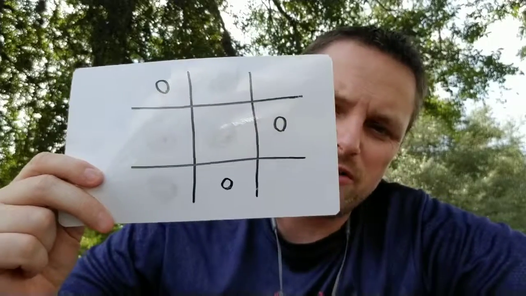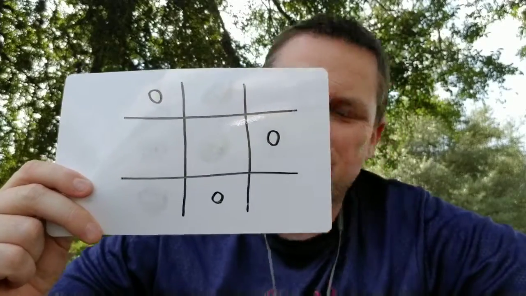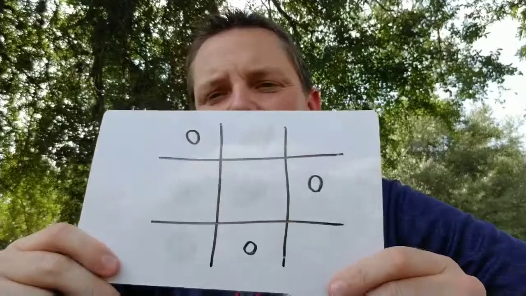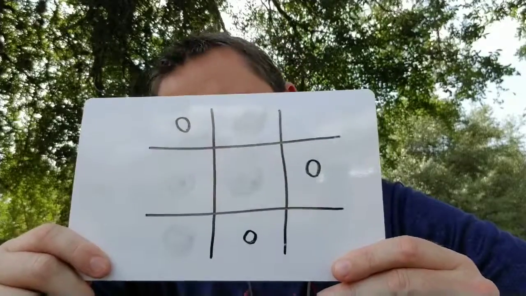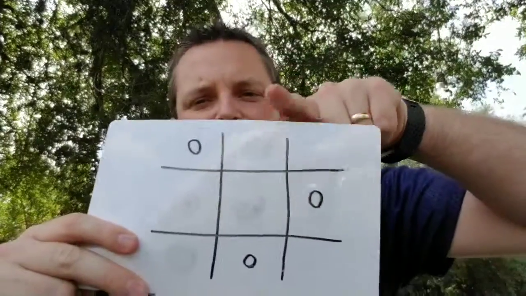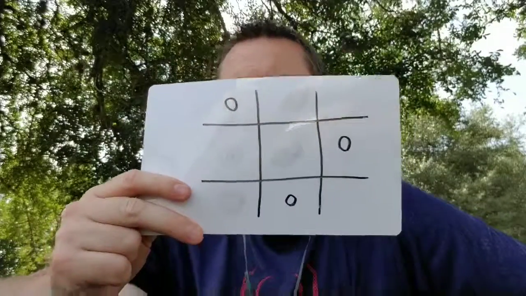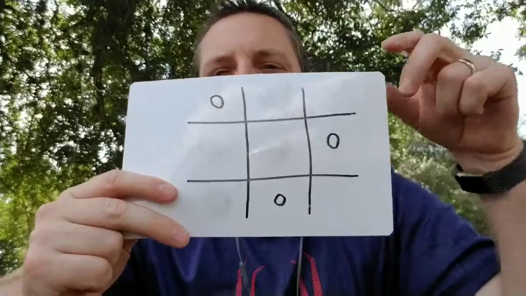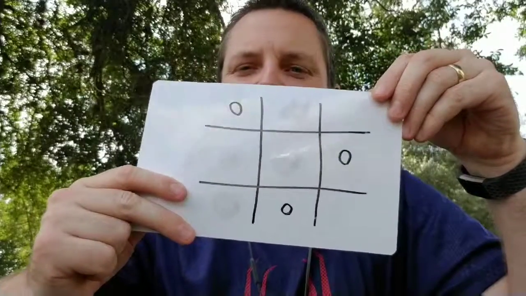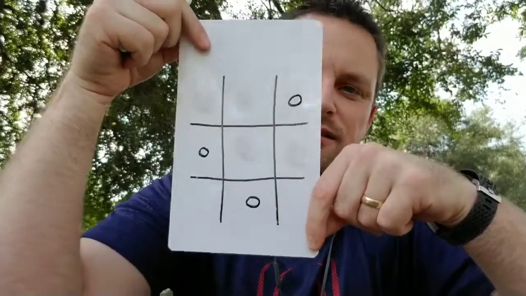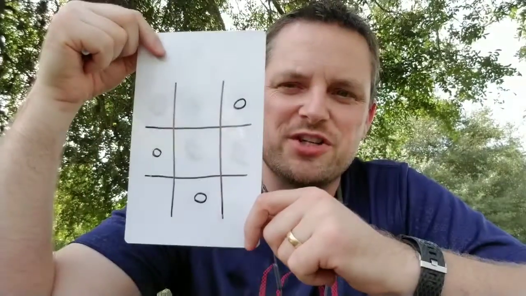I want you to take your own grid and work out the new locations of those circles if I turned it once this way. Pause that video if you have to. Let's turn it once that way. How many of those circles did you get right?